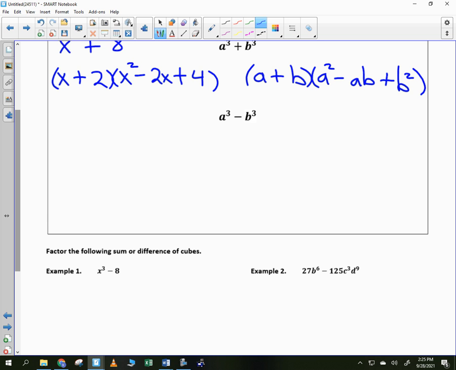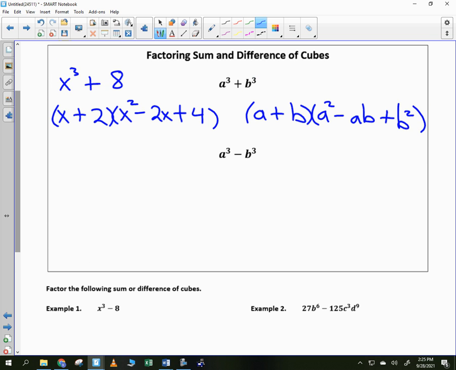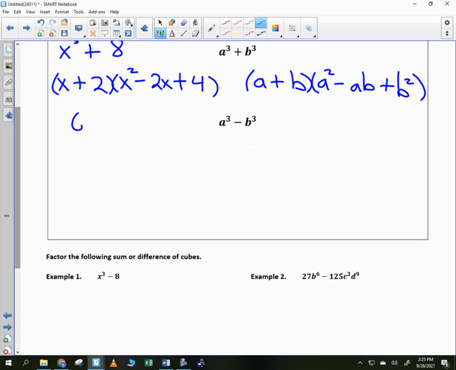Let's suppose that instead of the sum of cubes, it's the difference of cubes. Let's try 64 minus y to the 6th. If it's the difference of cubes, it factors almost identical. But instead of a plus b, it's going to be a minus b.